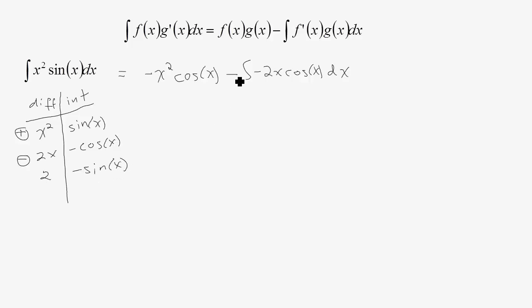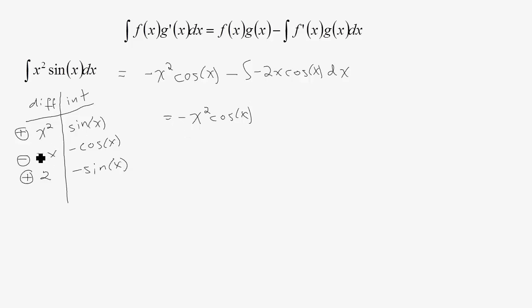But I actually have a negative sign already in front of the integral from when I applied integration by parts the first time. So now I flip this to a plus sign to take account of that negative that's already there. Every time we do integration by parts, it throws an extra negative in front of the integral that remains. So you can just look right at my table here.